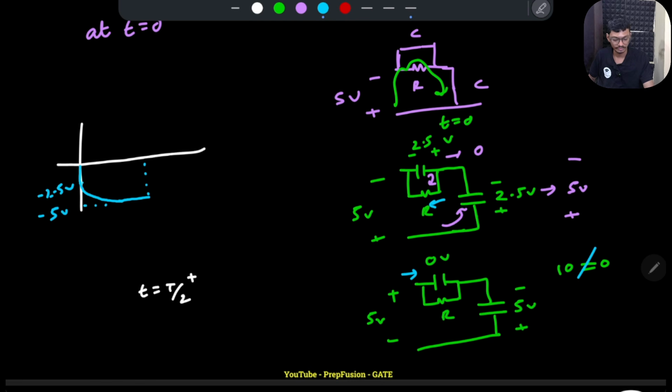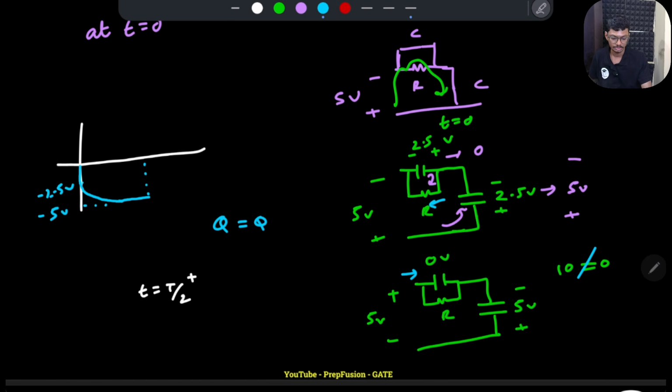So a huge impulse current will flow, which will charge both the capacitors. The same impulse current is flowing through this capacitor and this capacitor, so both capacitors are getting the same amount of charge.